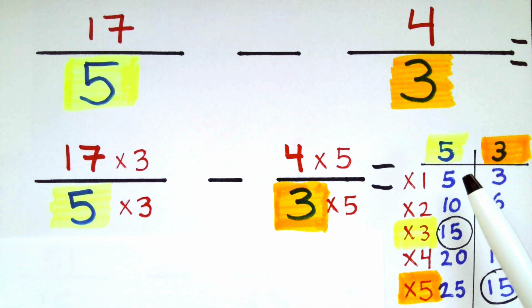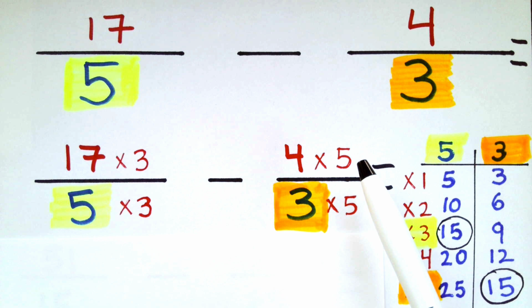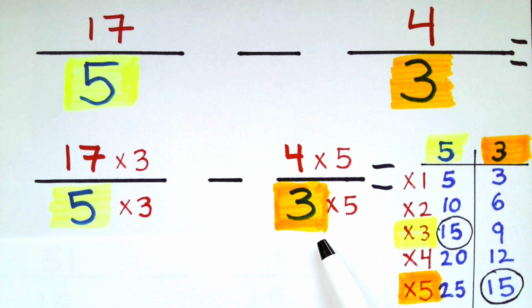And then you said, hey, I know 3 times 5 is 15, so I'm going to multiply 3 times 5 on the bottom. When I do the bottom, I got to do the top. I'm going to multiply 5 times 4. In order to convert both of these fractions to have the same common denominator of 15, then you were absolutely correct. All right, let's go ahead and take a look at what that looks like.